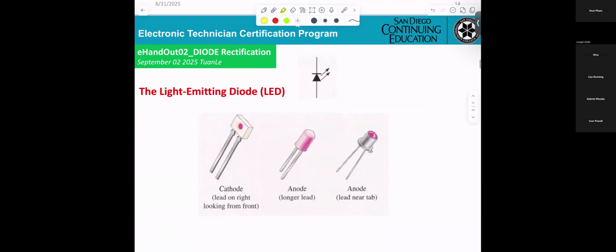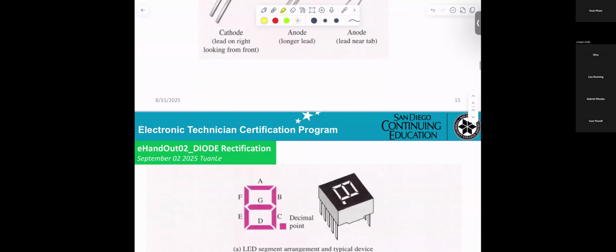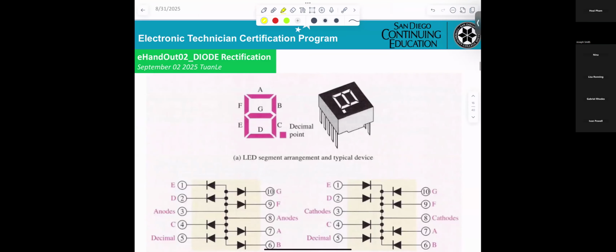Light emitting LED. That means the light turns on, turns off, by the diode. And this is a 7 segment.